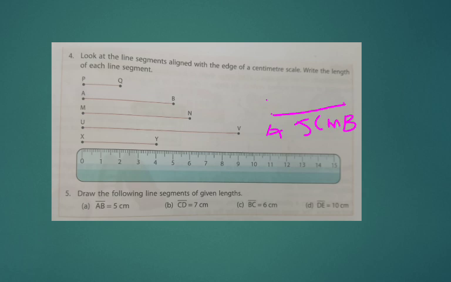Like this we have to draw on paper. So this is how we mark AB equal to 5 centimeter on paper using a scale. Take these 3 sums as homework and draw them in your homework note, right?